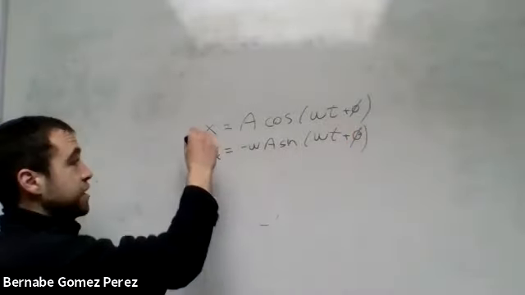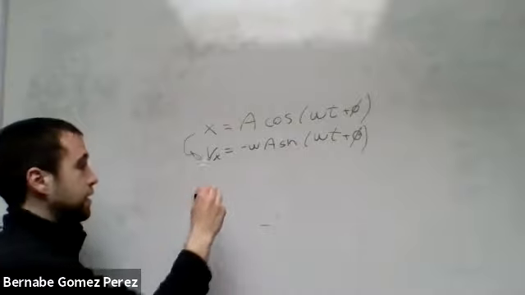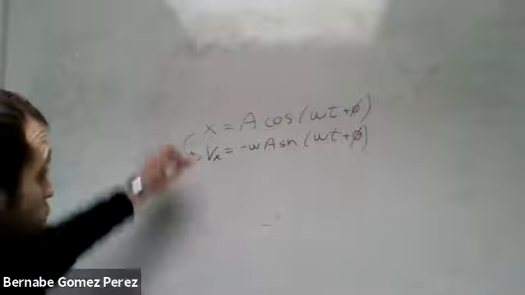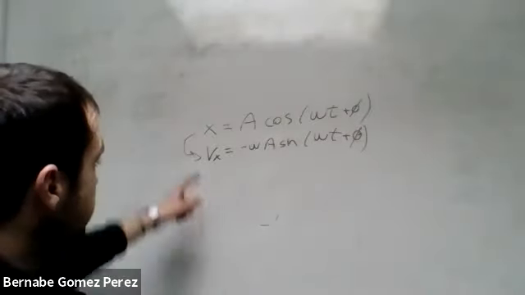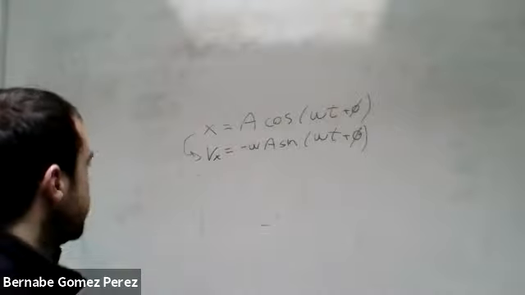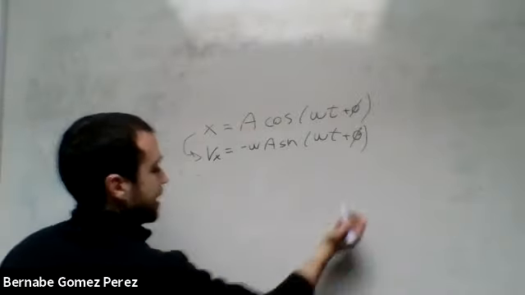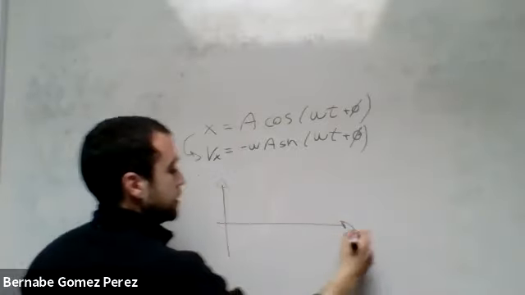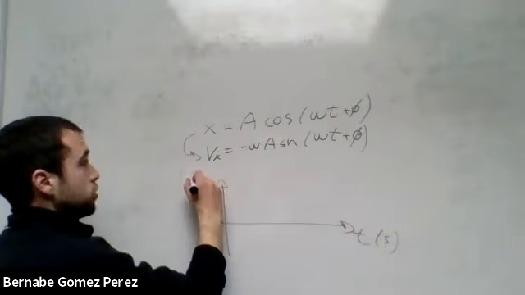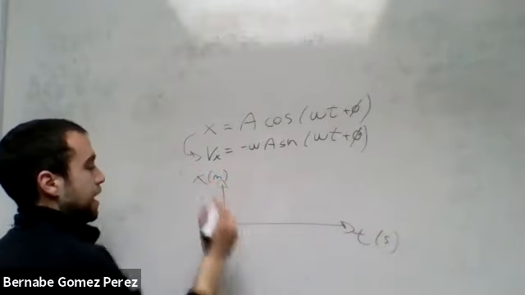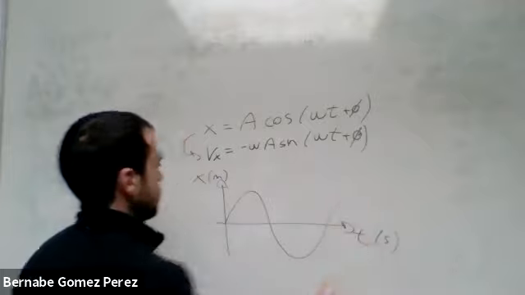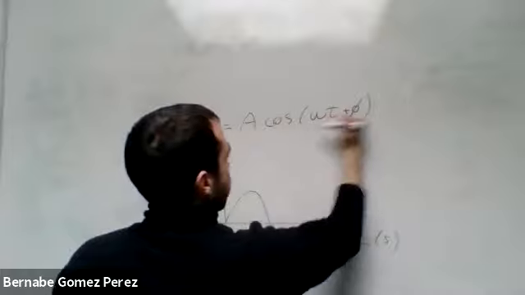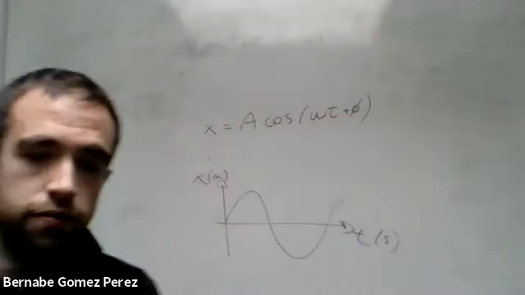Because we differentiate this and we obtain the v, the velocity. We differentiate velocity and we obtain acceleration, right? So for the position, we always have cosine, and for the velocity, we always have sine, right? But if, for example, I give you that the position, this is time in seconds, and this is position x in meters, and I give you this, you say, well, my position is described by a cosine, okay?